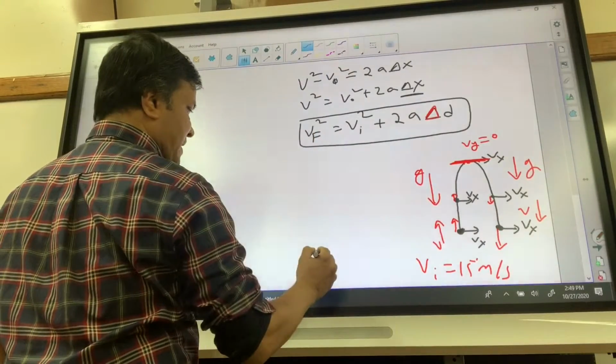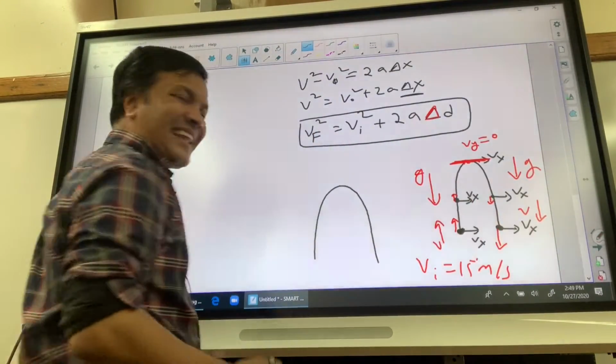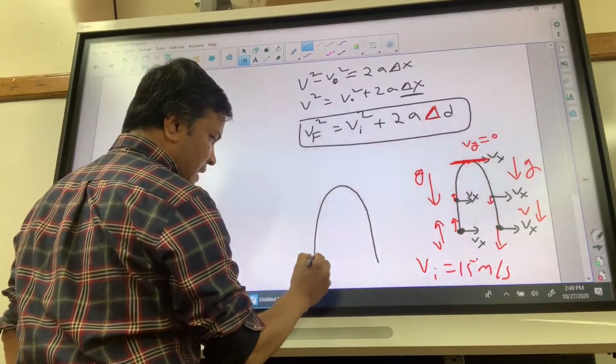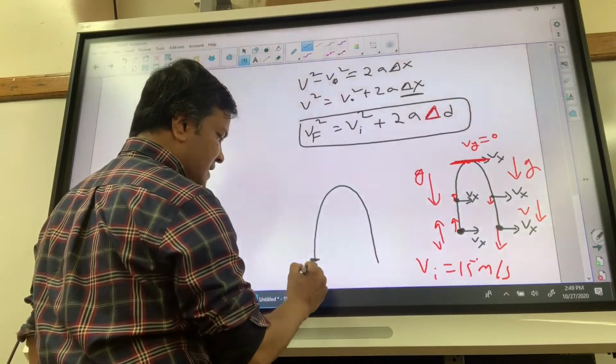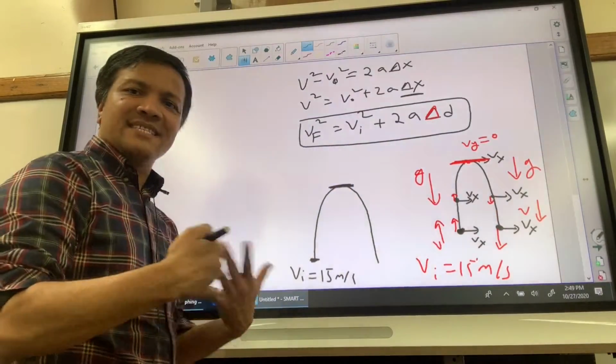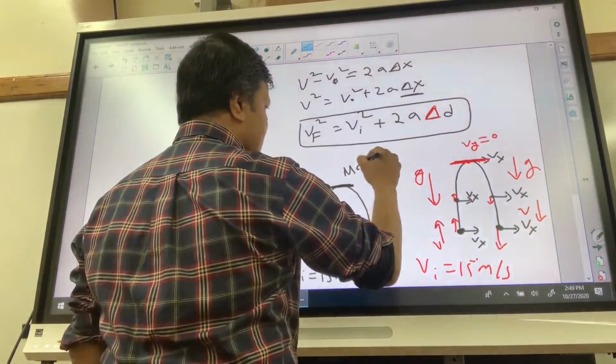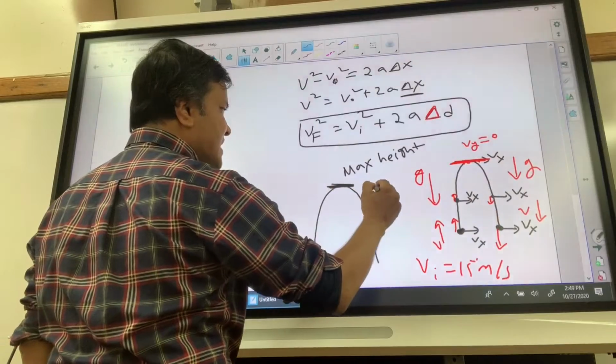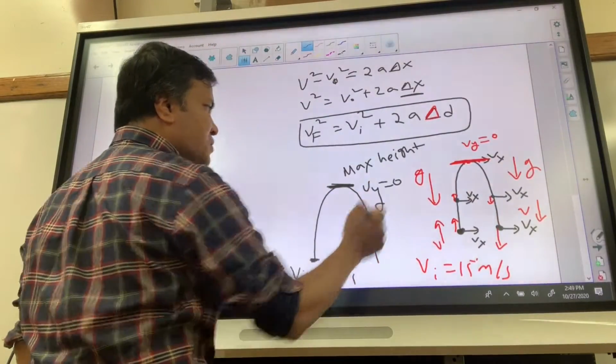I'm going to draw this one again, but a little cleaner. Here, I know that V initial is 15. Here, I'm going to call it the maximum height. At maximum height, the y component of the velocity has to be 0.